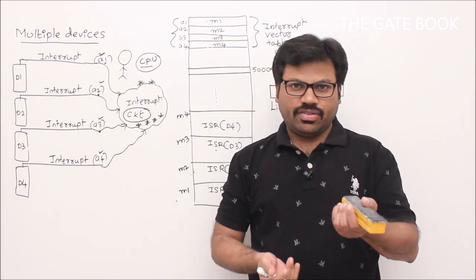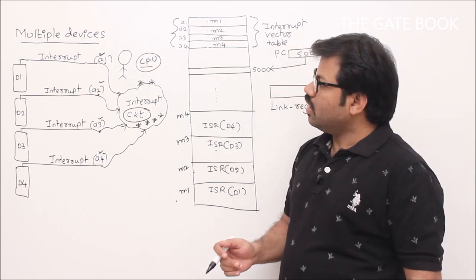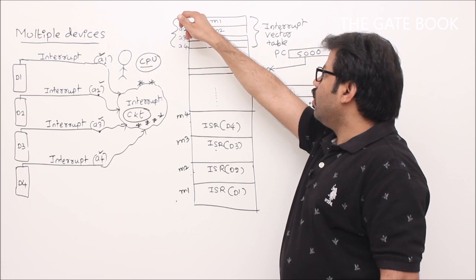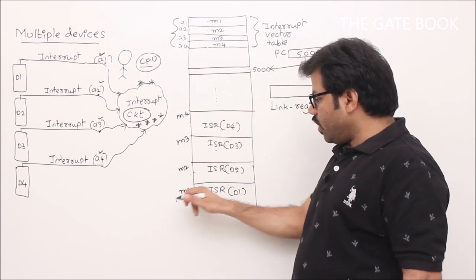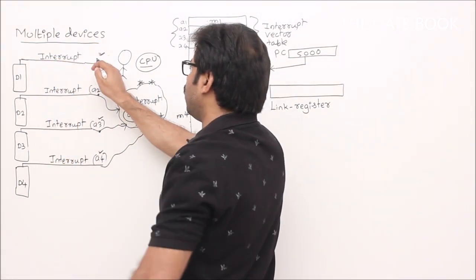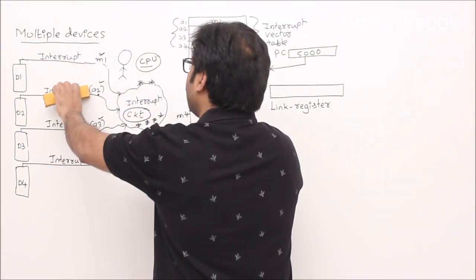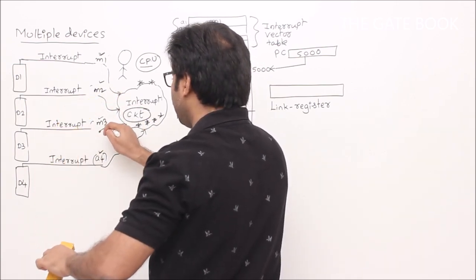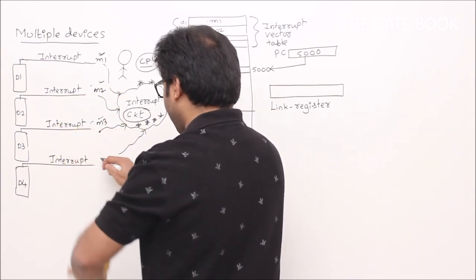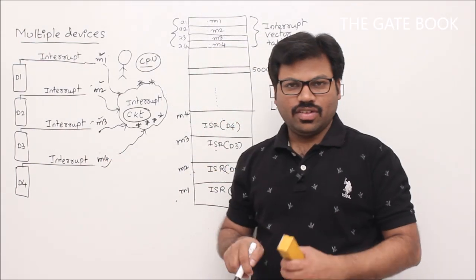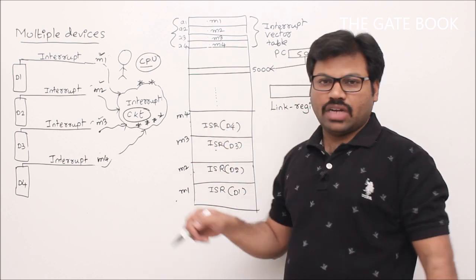There is an alternative. Rather than A1 pointing to M1, where M1 is the starting address of the interrupt service routine, we can directly use M1, M2, M3, M4. The problem with this, and these are all implementation details, is that I cannot change these interrupt service routines.